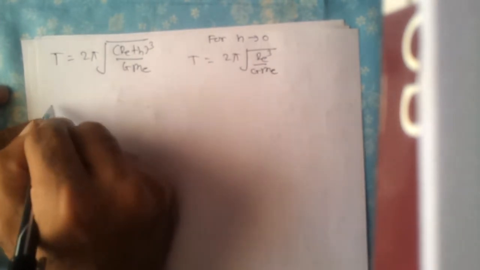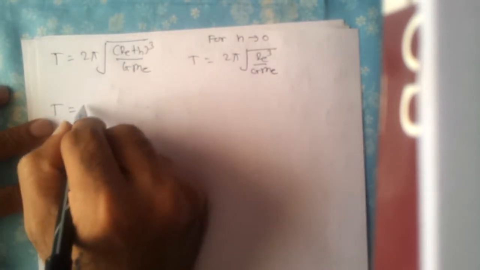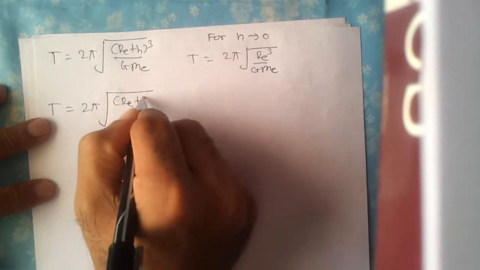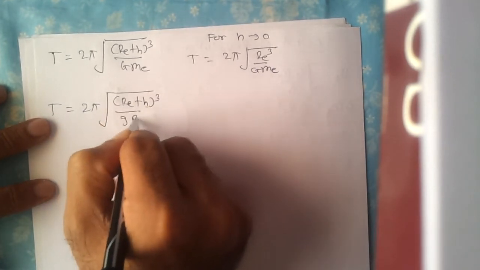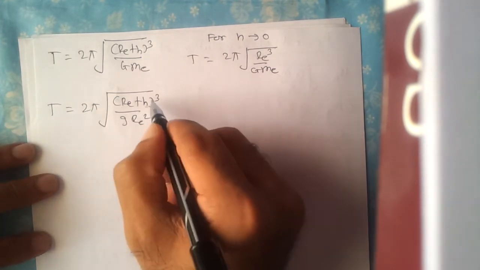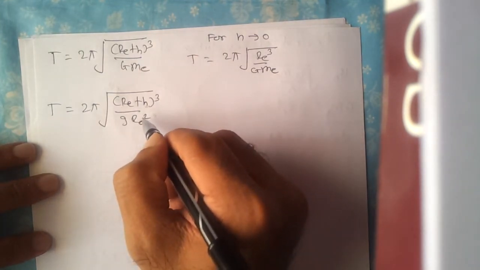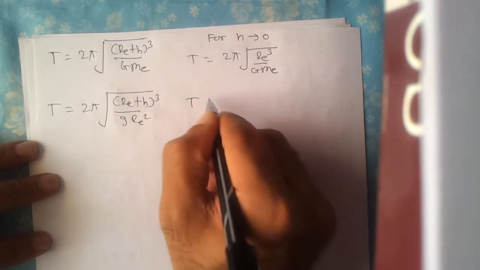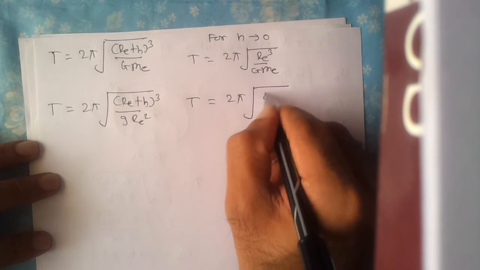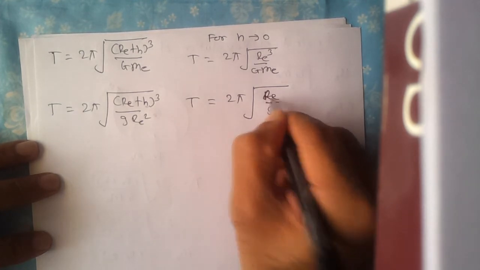Right? The second expression that I had got was T = 2 pi square root of (r_e + h) whole cube upon G r_e square, and if I take h equal to 0, I'll get r_e cube, r_e square I have over here, so this will become equal to T = 2 pi square root of r_e upon g.